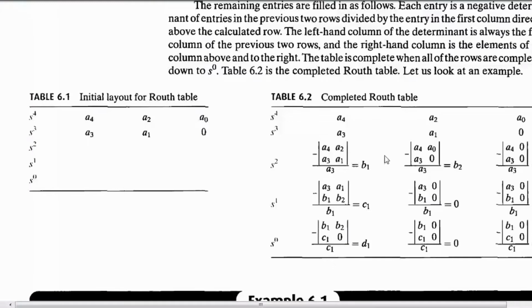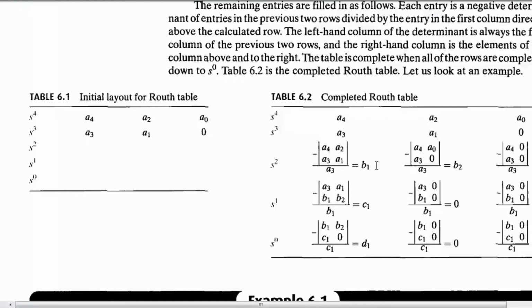So we will take the determinant of A4 and A3 from the first column and A2 and A1 from the second column, divided by जो हमारे पास S3 की previous value होगी. तो हमारे पास S4 की value है A4 and then A3 here, and then A2 and A1, divided by A3, and this is equal to what we call B1. तो हमारे पास जो भी numbers होंगे बाद में, we will put them and find out the value of S squared.